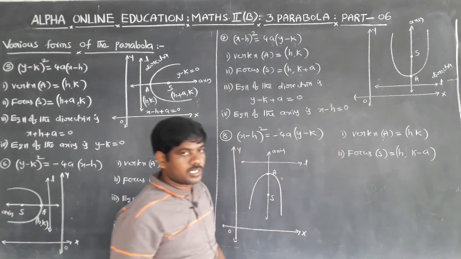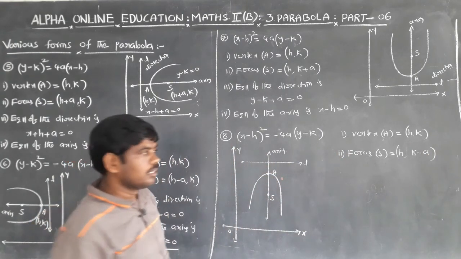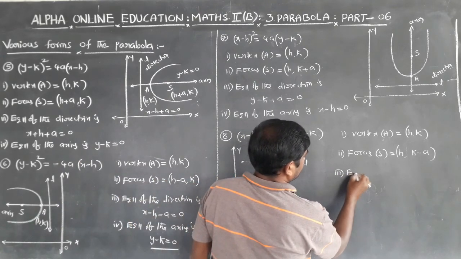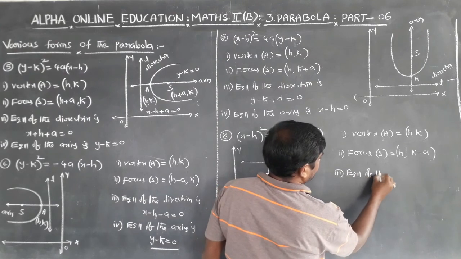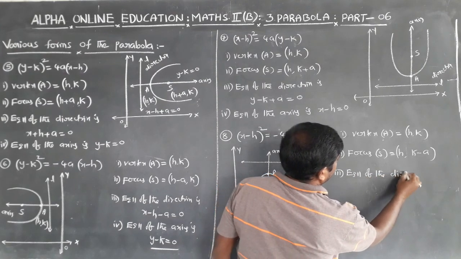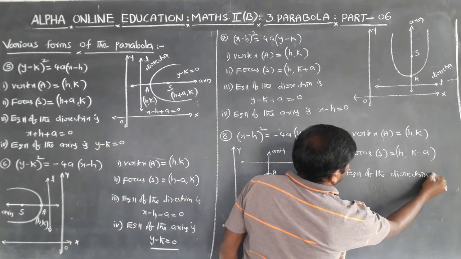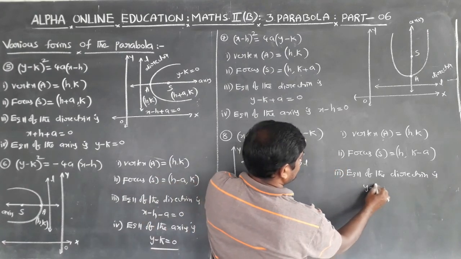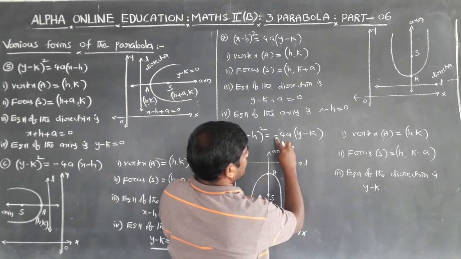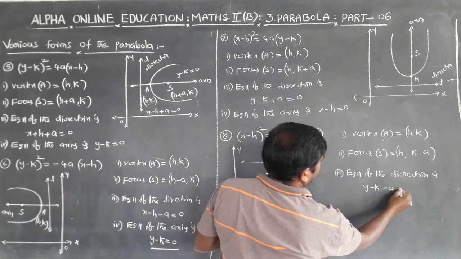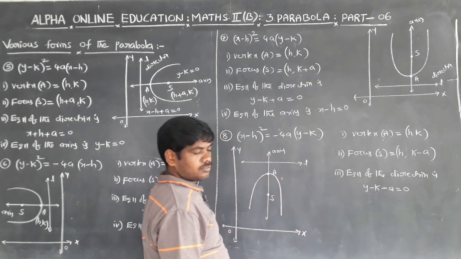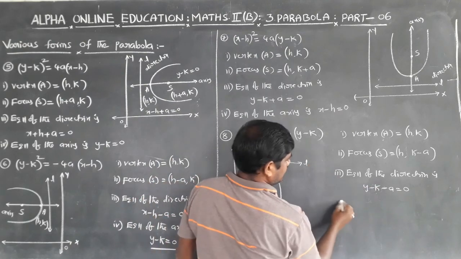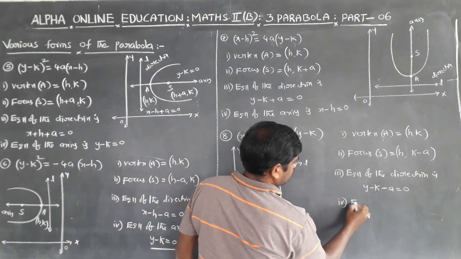So focus h comma k minus a. Third one is the equation of the directrix. Equation of the directrix is y minus k minus a is equal to 0.